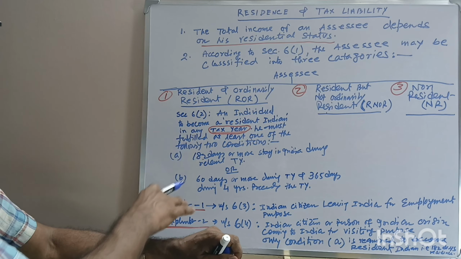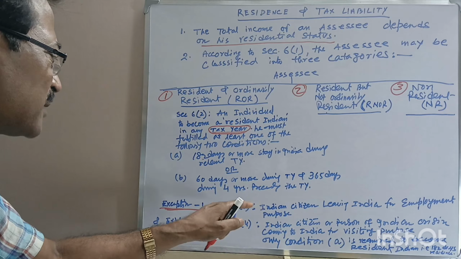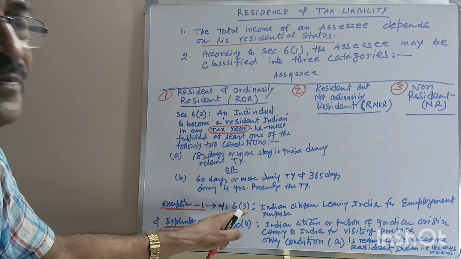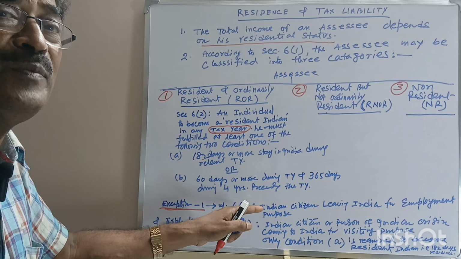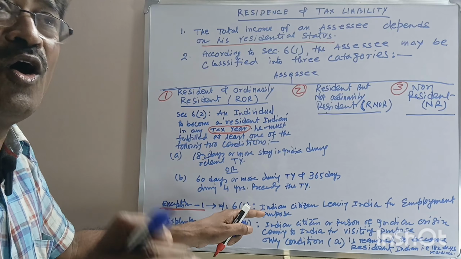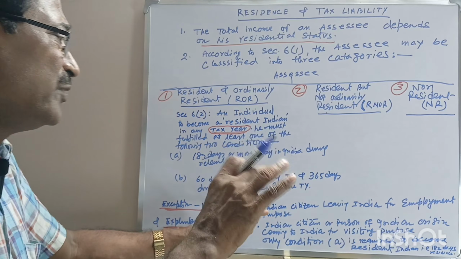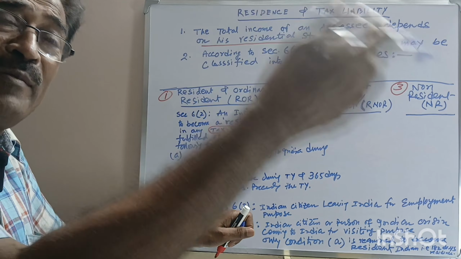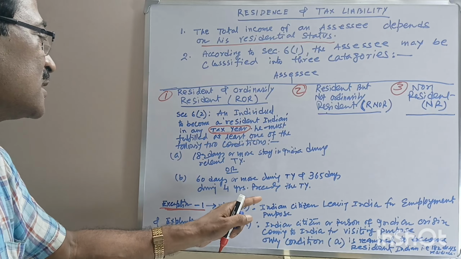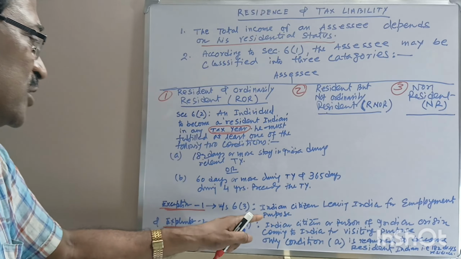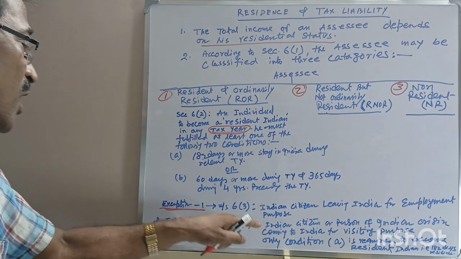But here is an exception, under section 6(3) and 6(4). First exception: if an Indian citizen or a crew member of an Indian ship is leaving India for employment purpose, in that case only the first condition needs to be fulfilled, that is 182 days or more stayed in the relevant tax year to become a resident person.